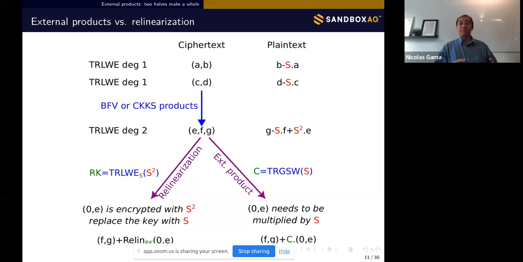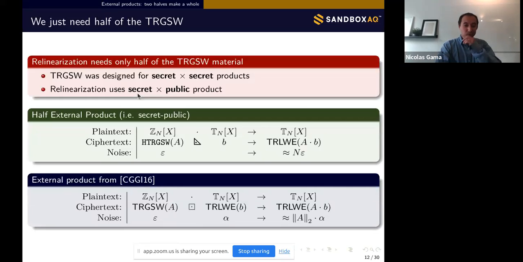So yeah, it gave the impression that half of the ciphertext was for nothing. So yeah, basically GSW was designed to evaluate secret times secret products, where both terms are secrets. Whereas relinearization would need something like secret times public products. And that's what led to this idea of splitting the external product in two.